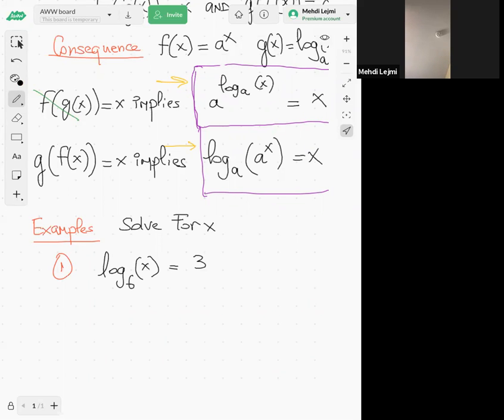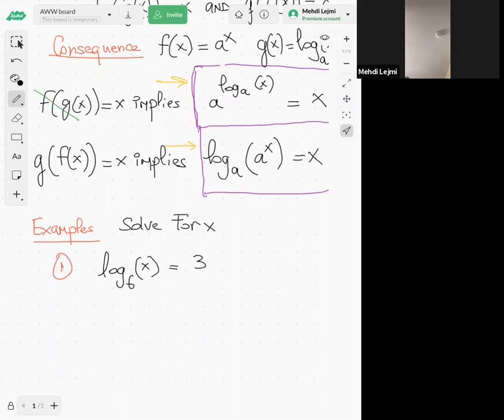All right, and I want to solve for x, right? I want to get x. The problem here is the log, because we have log of x. We have to keep in mind, guys, you cannot separate the log from the x. This is not log times x. This is log of x, right?